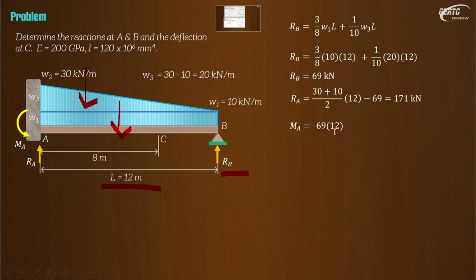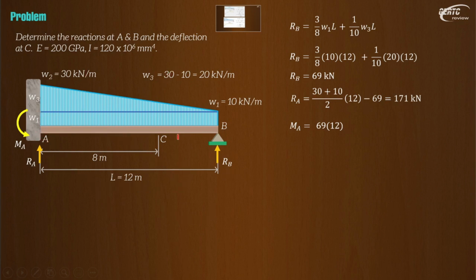You might think, sir, bakit positive? The counterclockwise band? No. If you are solving for bending moment, positive moment is the moment caused by a load that bends the beam concave up. So RB at A causes the beam to bend in this way, while the weights cause the beam to bend downward. So that will be a negative moment.